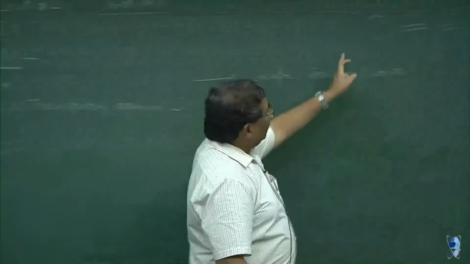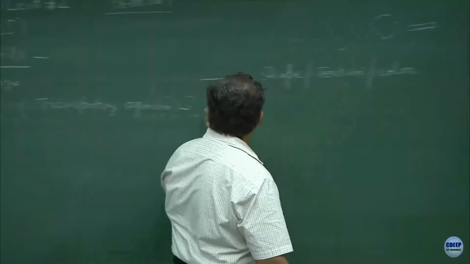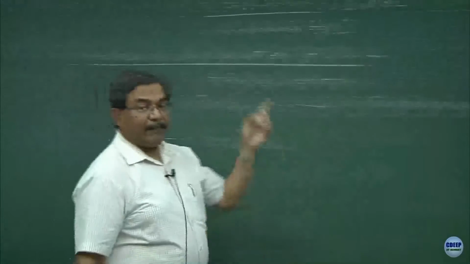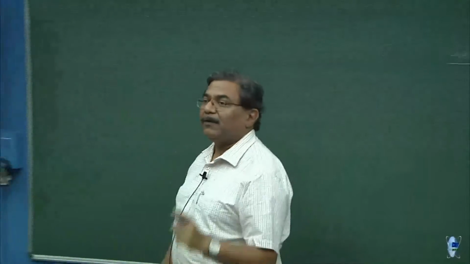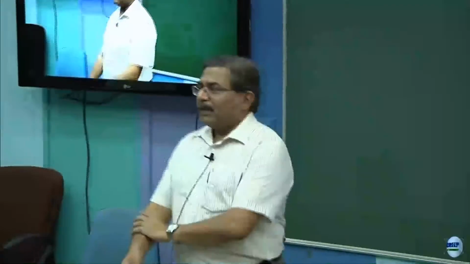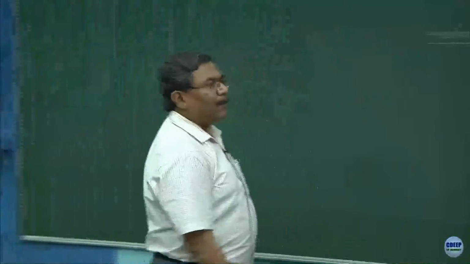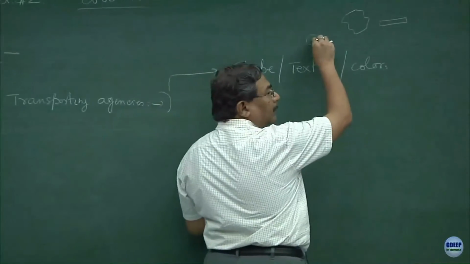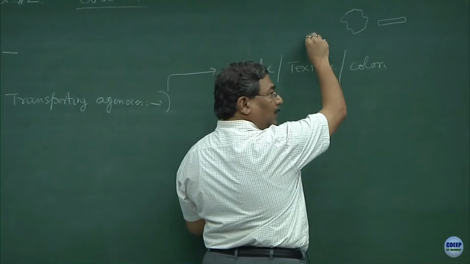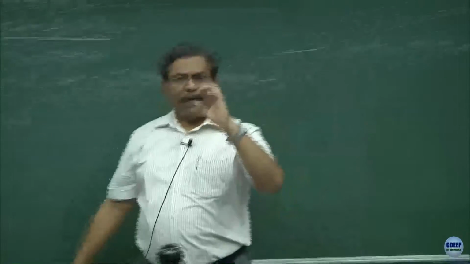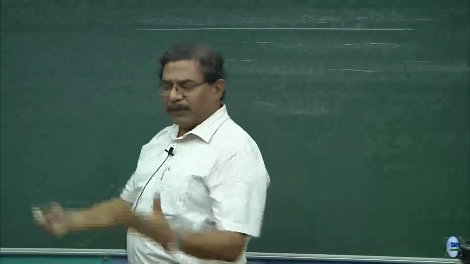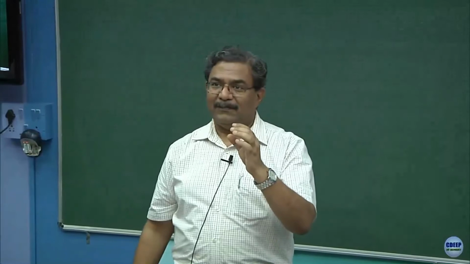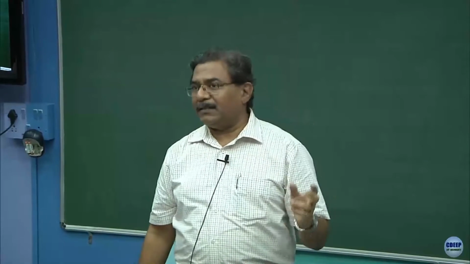So, it all depends upon which transportation agency is acting to transport the weathered material which is coming out of the rocks. It is expected that the water is going to create a system of particles which is near spherical, shining, very good looking, fresh quartz, pinkish color, peculiar properties of Gangetic sands.